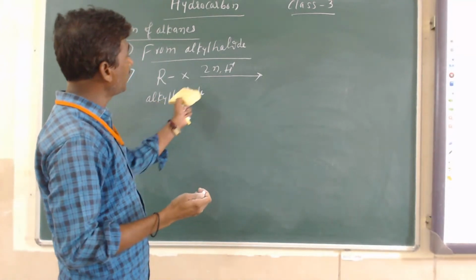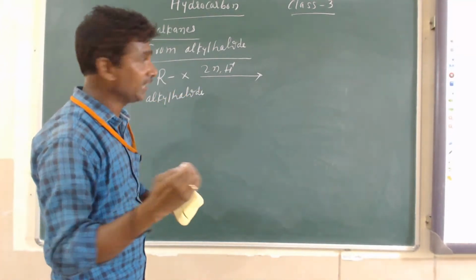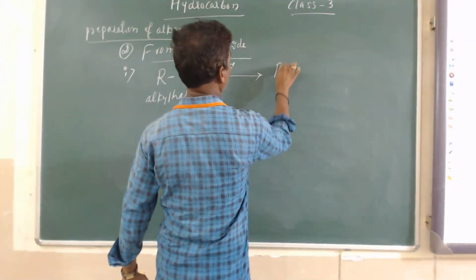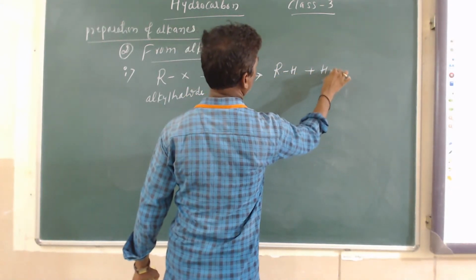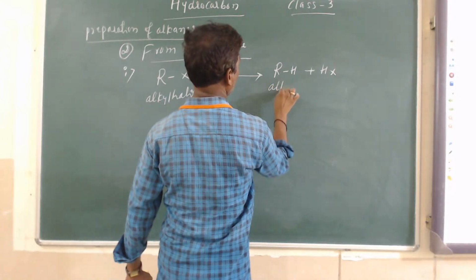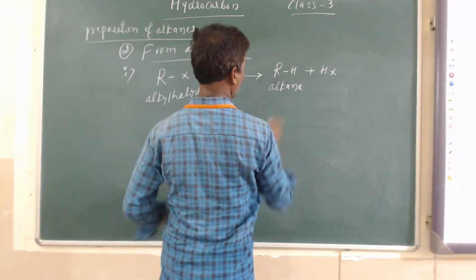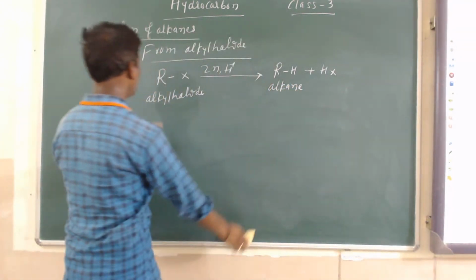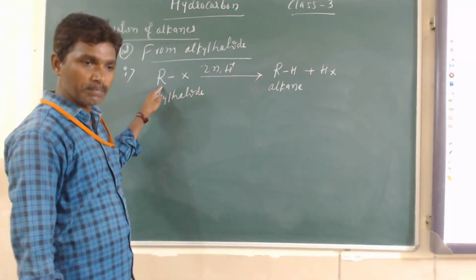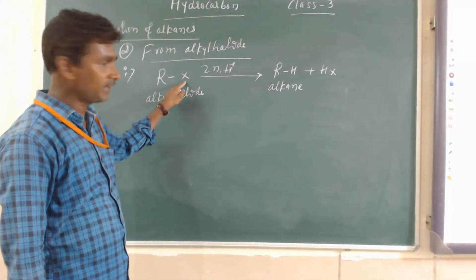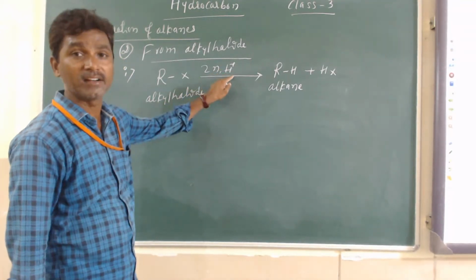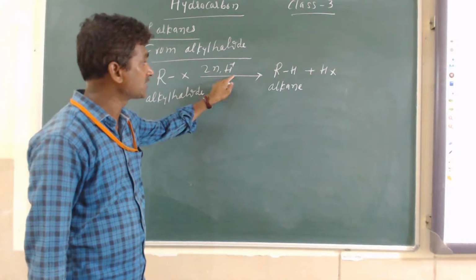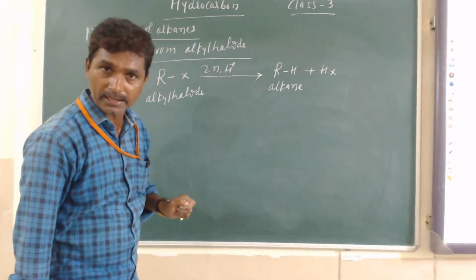The alkyl halide on reduction with zinc and HCl, which gives H plus, gives alkane. So R is an alkyl group, X is a halide. Alkyl halide on reduction with zinc and hydrochloric acid gives alkane.